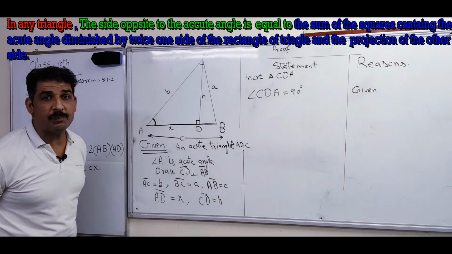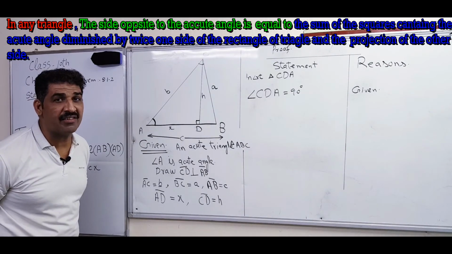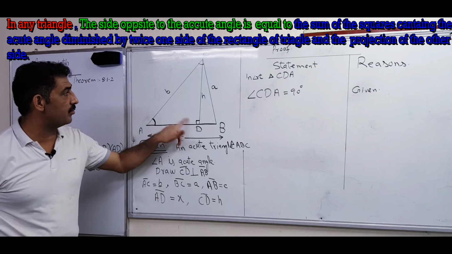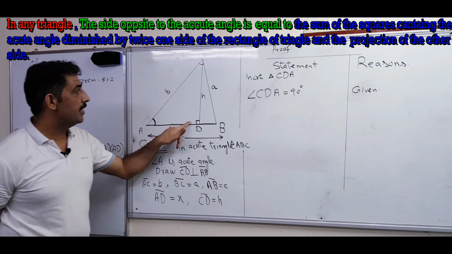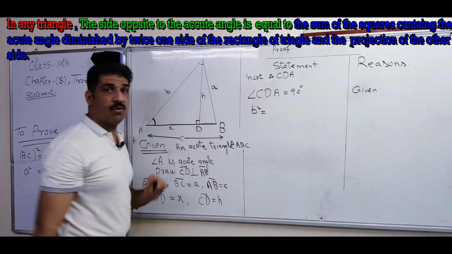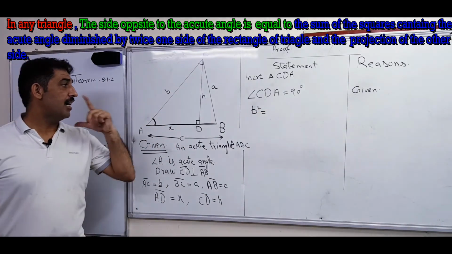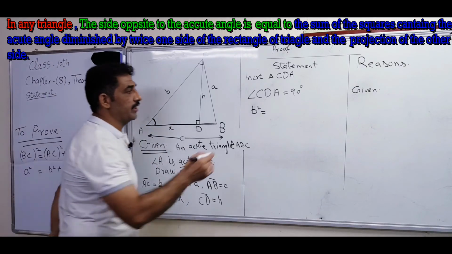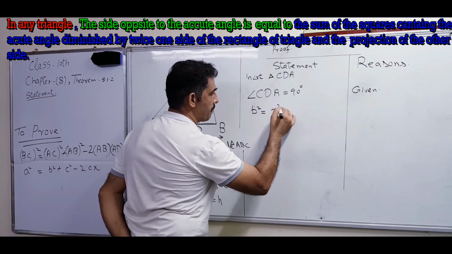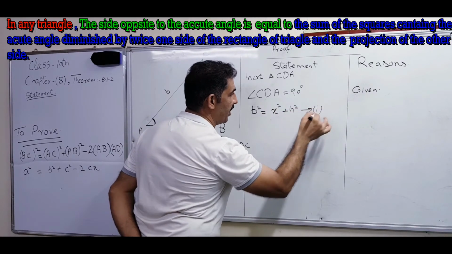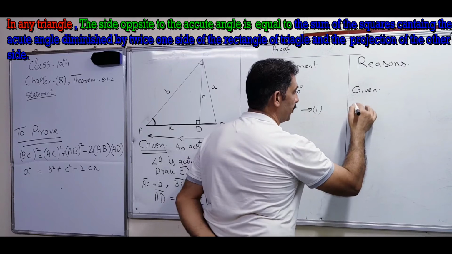So according to the Pythagoras theorem, the hypotenuse square, meaning the square of the side opposite to the right angle, b square, is equal to the sum of the squares of the remaining two sides, so x square plus h square. We name this equation number 1, and the reason is the Pythagoras theorem.